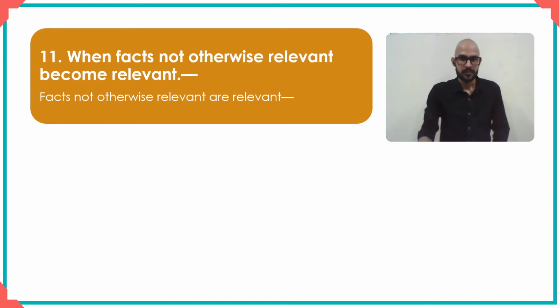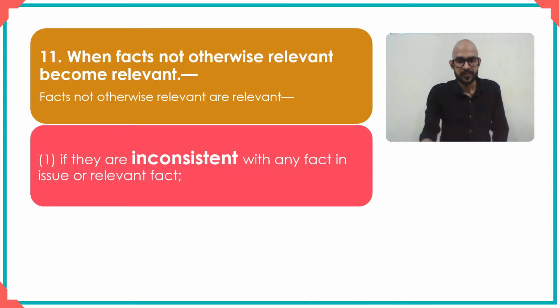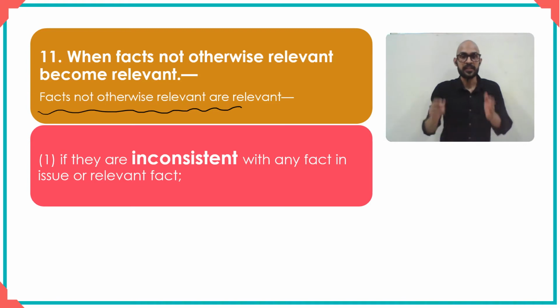So now we look at section 11 once again. The title of section 11 reads, Facts not otherwise relevant become relevant. That's obviously the role of section 11. So now, 11 subsection 1. Facts which are otherwise not relevant are relevant if they are inconsistent with any fact in issue or relevant fact. So you see this? The new fact is the fact which is not otherwise relevant.